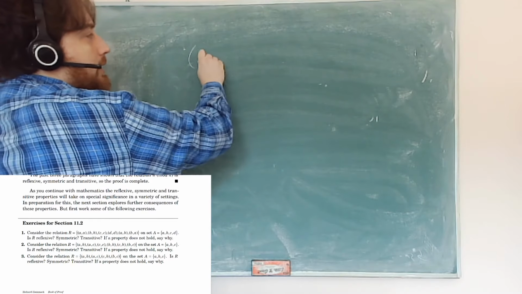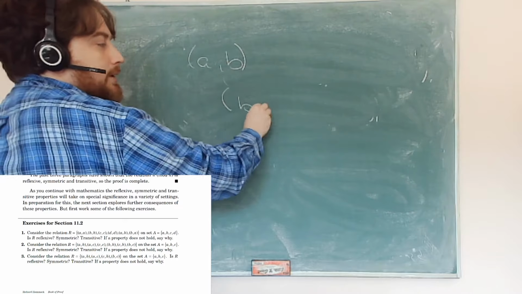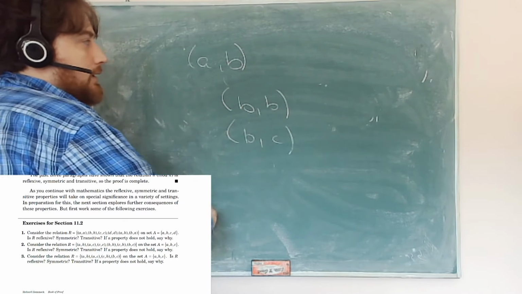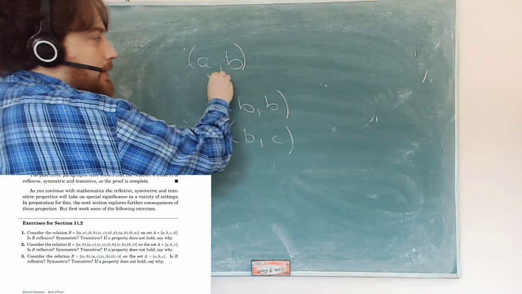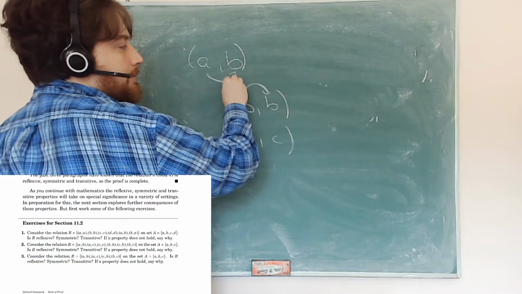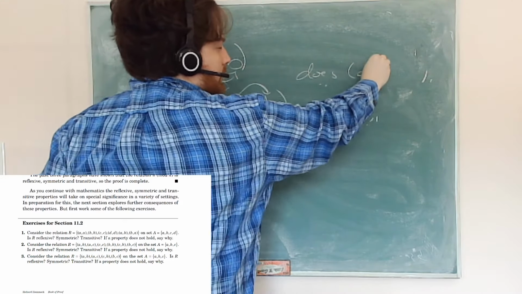So I know that A is related to B. So I think, what are all the things B is related to? We have BB and BC. So if I combine these, I know A goes to B and B goes to B. So what I want to know is, combining these, does A go to B?